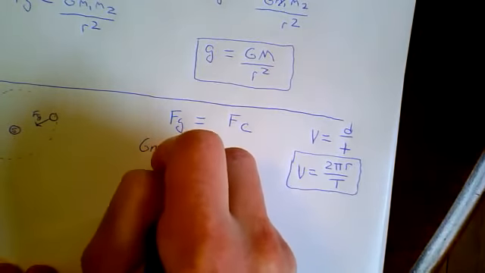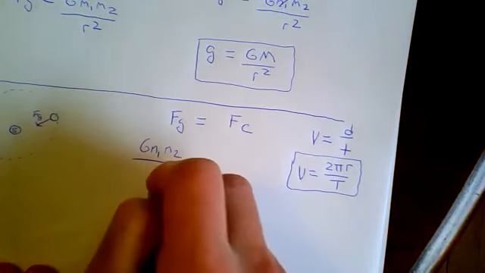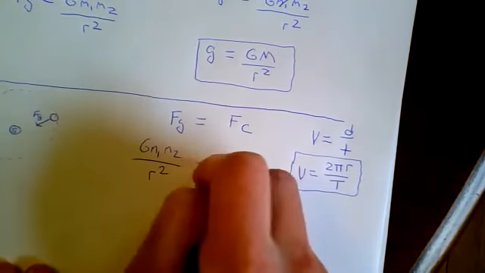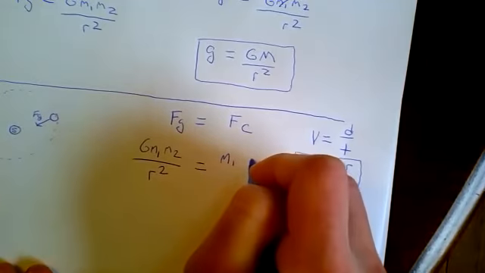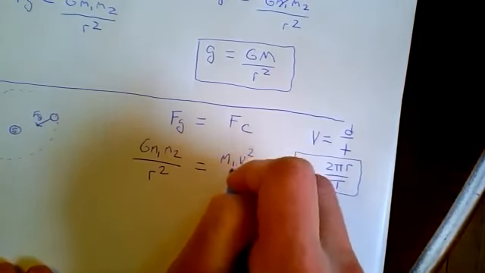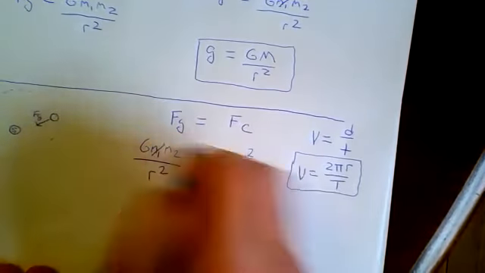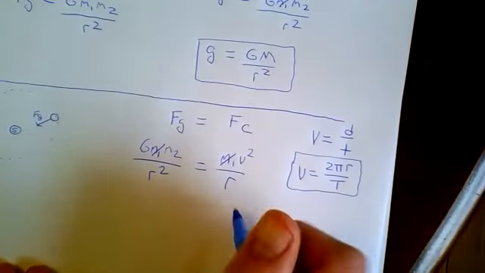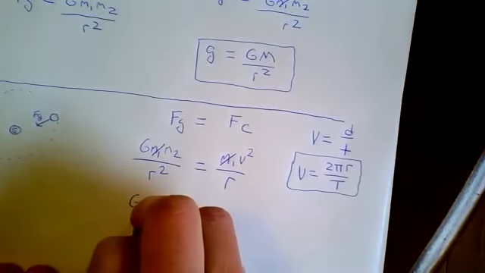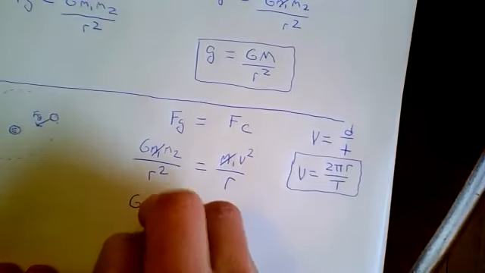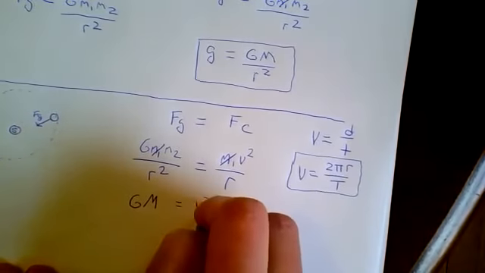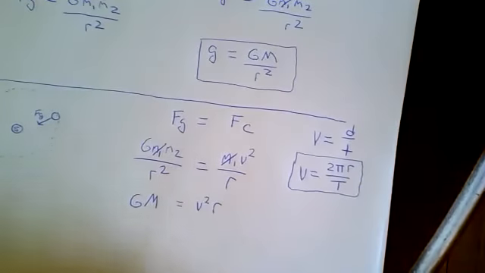And again, this would be the M1 on here. Mass cancels. Let's get rid of the R's. I end up with big G, and this goes to a big M equals v squared times R if I multiply both sides by R squared.